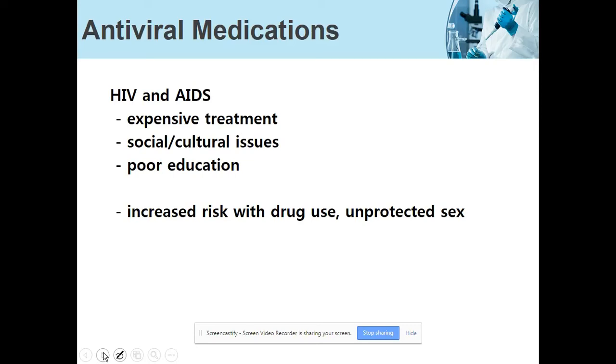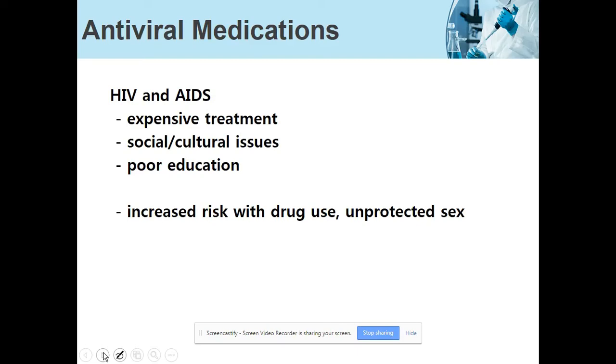And since HIV was something that was more common in homosexual men, and more common in drug users, it wasn't something that we focused on trying to treat or prevent. That's better now, but that social cultural issue certainly slowed down our progress with HIV medications.